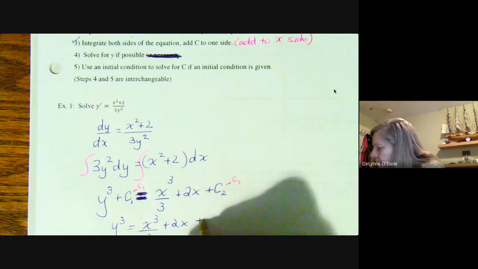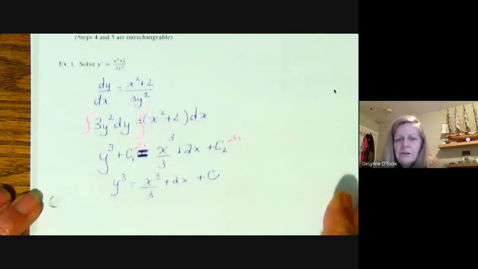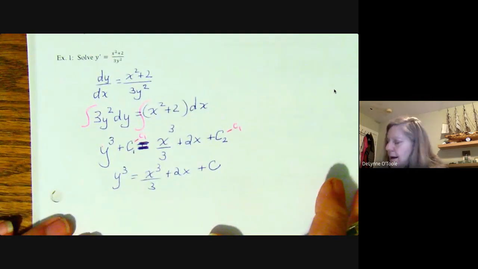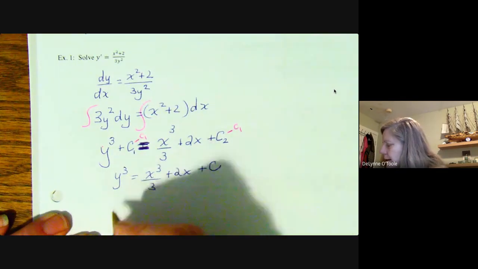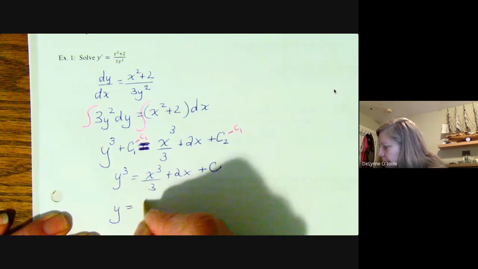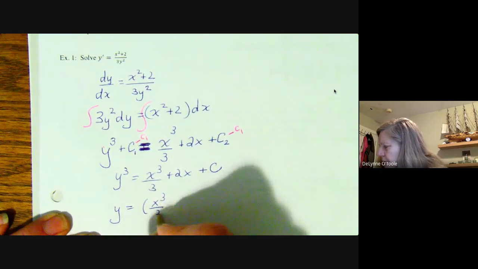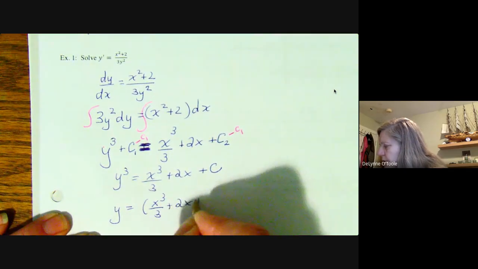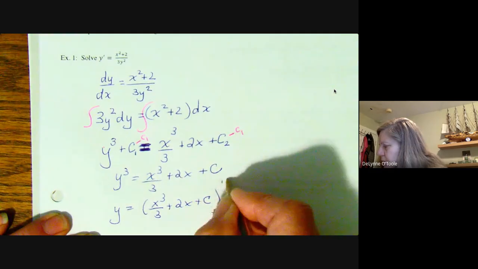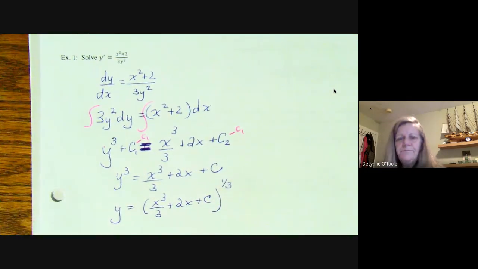Those two constants combined is another constant. I'm going to just call it c this time. And now I'm going to take the cube root of both sides. And I'm going to do it using an exponent. You could do it using the cube root symbol if you wanted to, but I like using the exponent better.